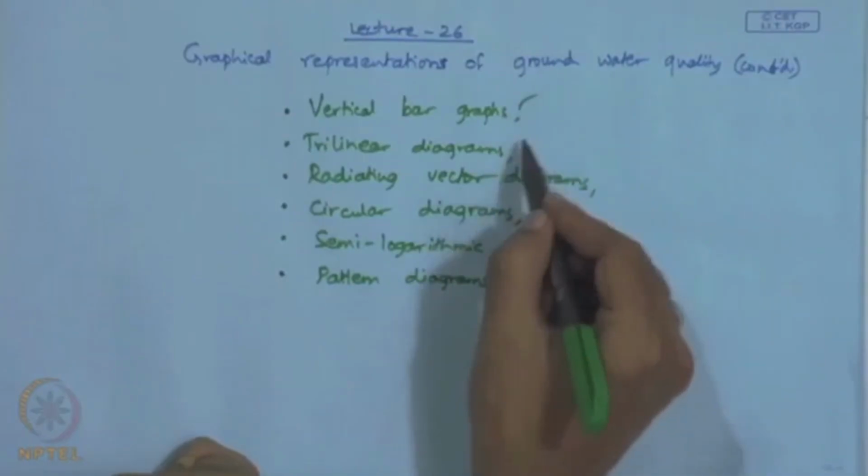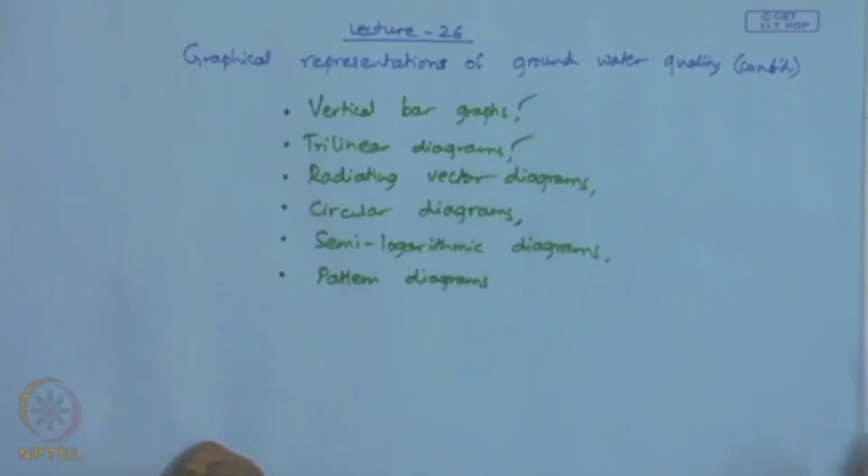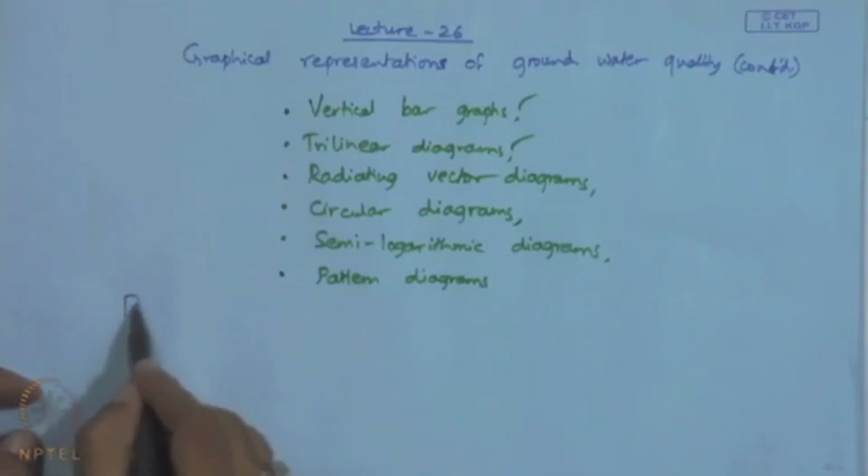The first two methods we have already discussed in the previous lecture. So we will move on to the third method, that is the radiating vector diagram.